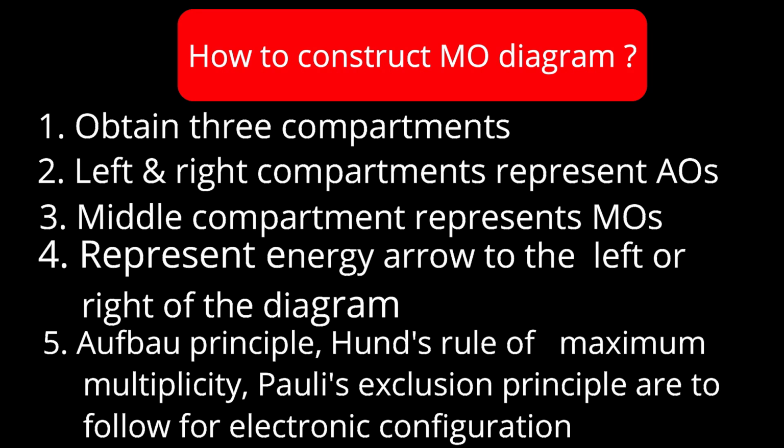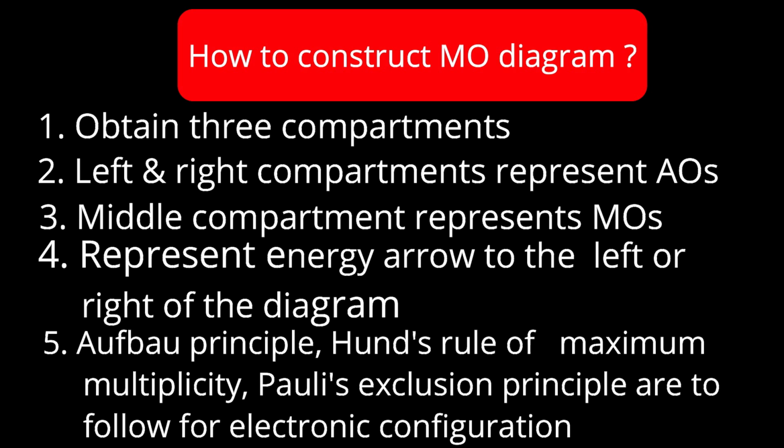To construct that molecular orbital diagram, we consider three compartments. The left compartment has the atomic orbitals of one atom, and the right compartment has the atomic orbitals of the other atom.